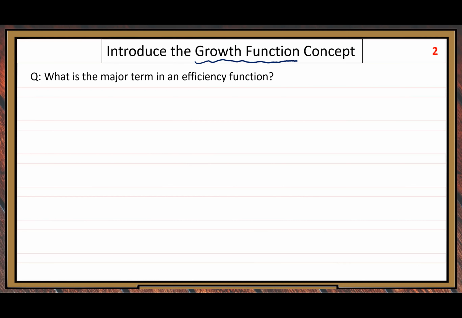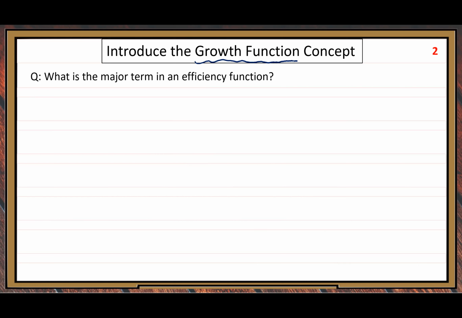When we use this concept, what do we want to do? We want to measure the efficiency of our algorithm. The efficiency of the algorithm is usually a function expression, a function of the problem size. After that, we want to make our function as simple as possible.